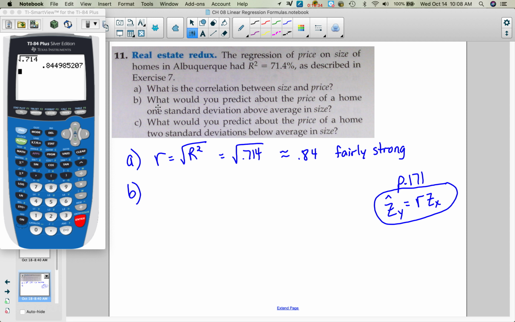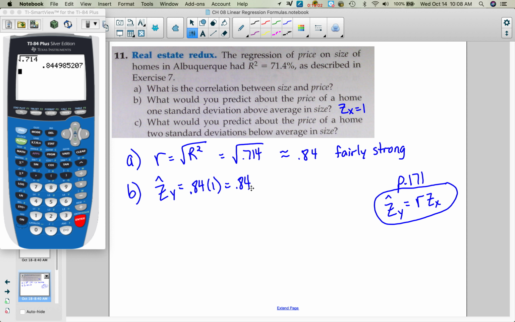So when you look at this, what would you predict about the price of a home, one standard deviation above average in size? So what they're telling you right here is that your z sub x is 1. And we already know r. So if I wanted to know about my price, then I could take r, which is 0.84, times 1, which obviously is 0.84.